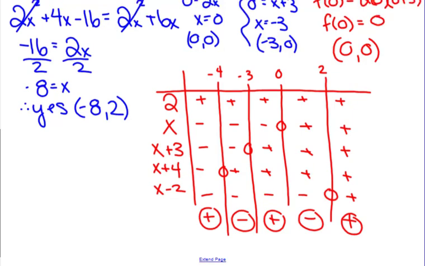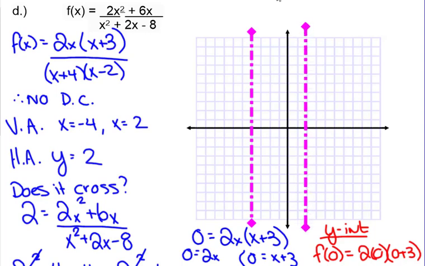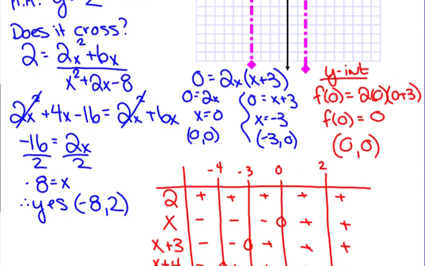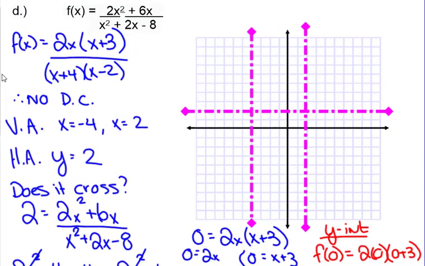So using this, we can graph our function. So to start, let's put in our asymptotes. So we have a vertical asymptote at x is equal to -4, a vertical one at x is equal to 2, and a horizontal at y is equal to 2. We've got no discontinuities, but we found out that it crosses our horizontal asymptote at (-8, 2).